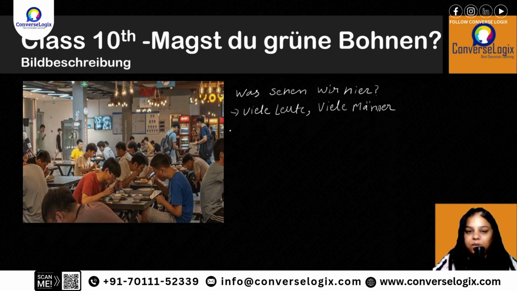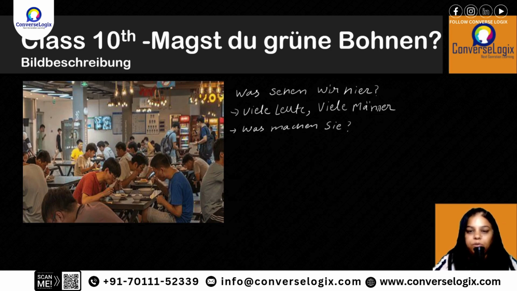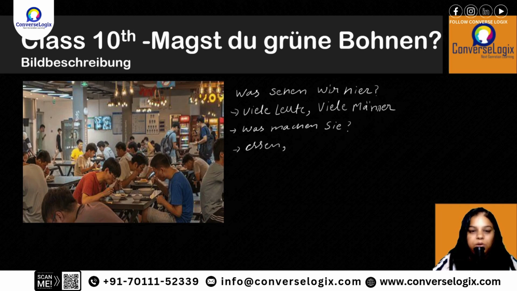Und dann, was machen sie? Was sind die Verben? Was machen sie? Was sehen wir? Das haben wir gesagt. Was machen sie? Okay. Sie meistens Leute essen. Okay. Einige Leute, zum Beispiel diese 2, sie sprechen. With whom are they speaking?